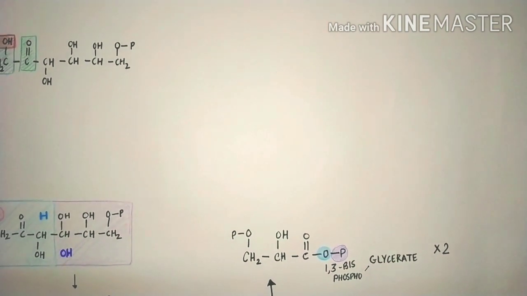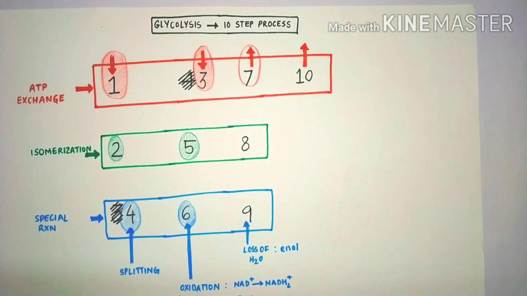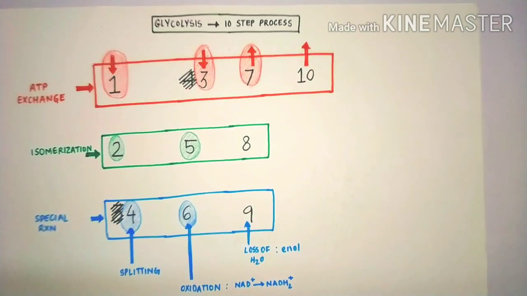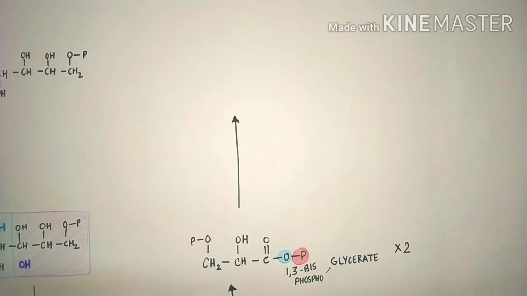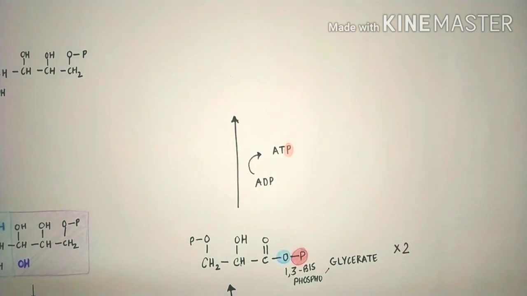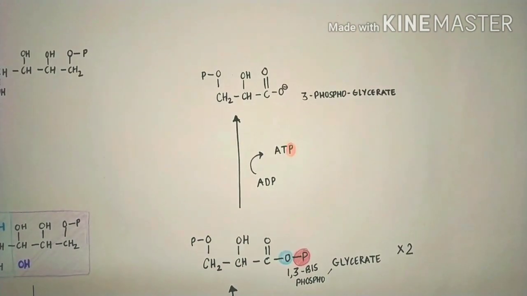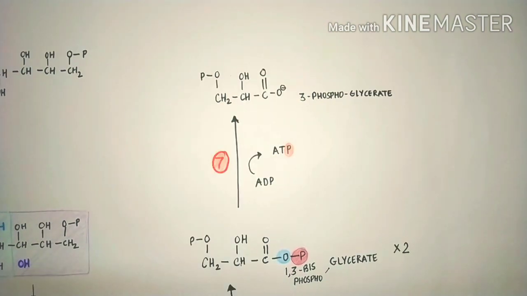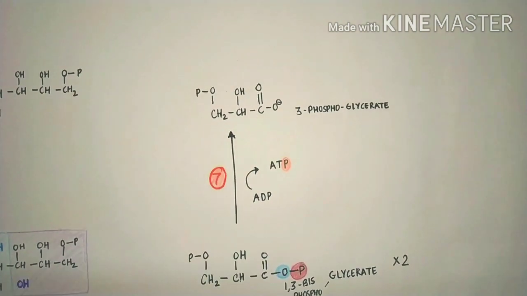Now step 7. ATP exchange and ATP will be given out. Simple. ADP will come, a phosphate group will be removed and picked up by ADP, and ATP will be given out. And this 1,3-bisphosphoglycerate will convert into 3-phosphoglycerate.